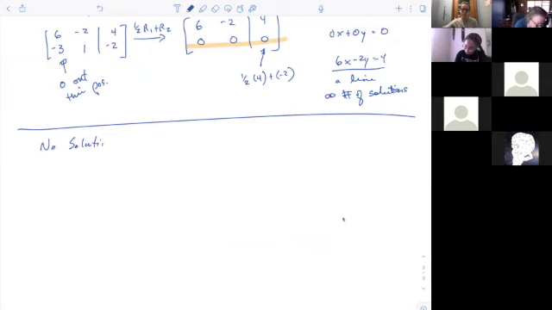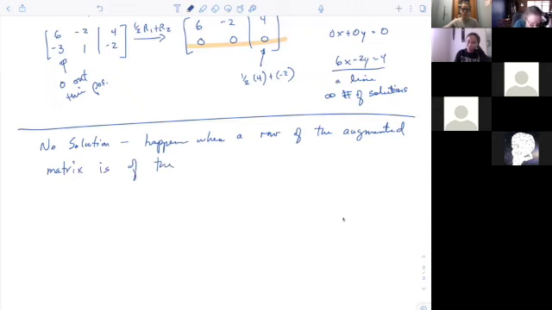All right, so no solution. This happens when a row of the augmented matrix is of the form: all zeros, however many variables we have, and then in the augmented column, we have something not 0.